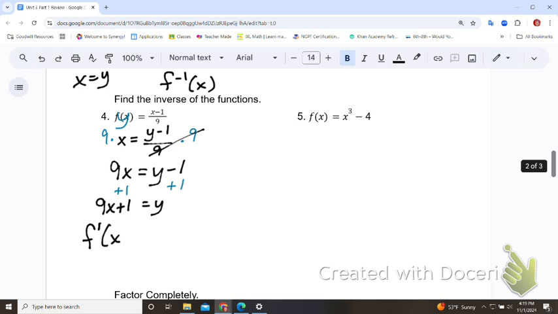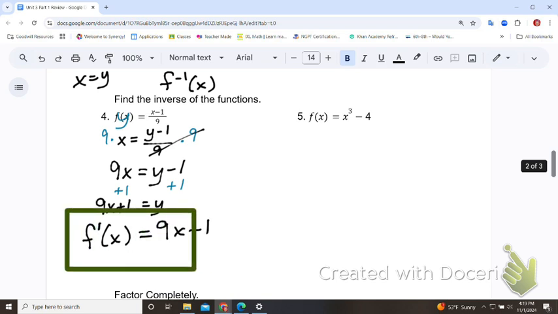Inverse of f of x is equal to 9x plus 1. And this, my friends, would be our final answer. So that last part is just a little notation part, but to get full points, you would be expected to do that.